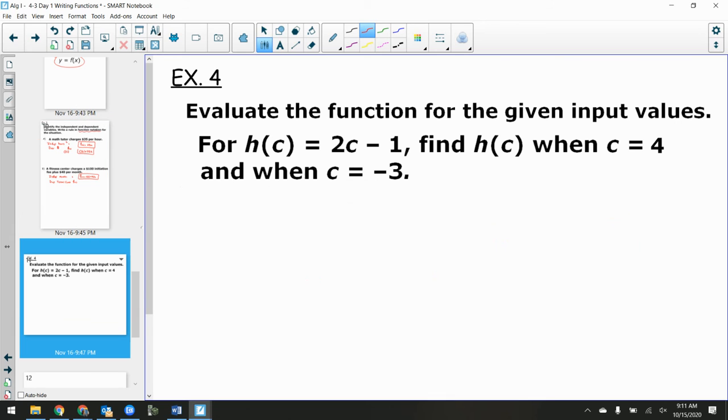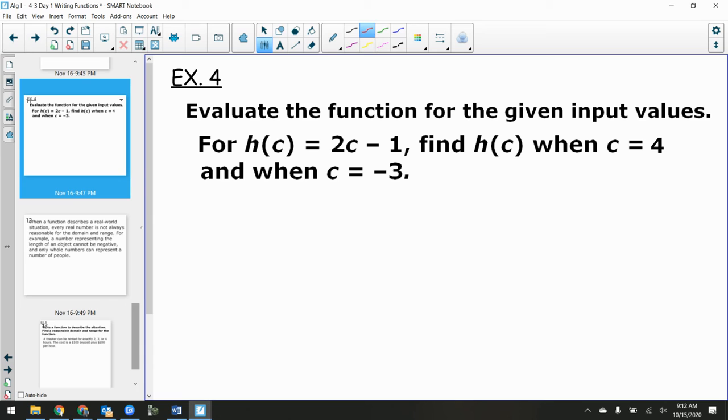Something else that we can do when we evaluate functions, meaning just plugging them in, is use this function notation to plug them in. Let me show you what I mean here. Look, I've got h of c. That's how we read that, h of c, just changing up the independent and dependent variable letters. h of c when c is 4. That means I want to find h of 4.